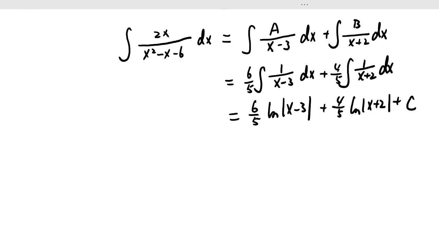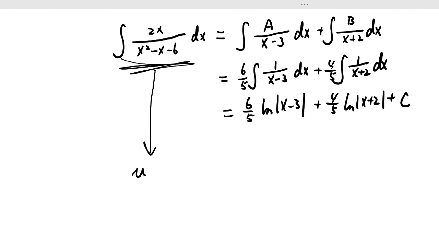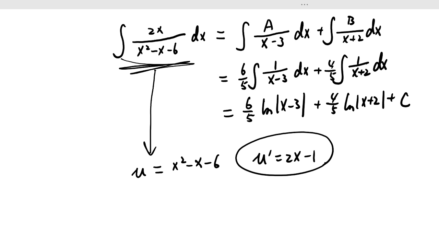For myself, I did u prime checking. I don't know if you did that. Let's go back to the original function we have right here. If we do the first u prime checking, my u is x squared minus x minus 6, so my u prime is 2x minus 1. Do I have it?